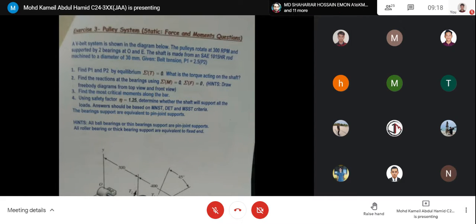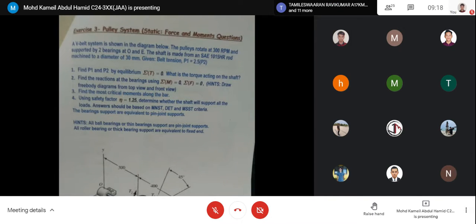This time it's easier, they give a hint. Find the most critical moment along the bar. Then 4, using safety factor n equal to 1.25, determine whether the shaft will support all the loads. The answer should be based on MNST, DET and MSST.